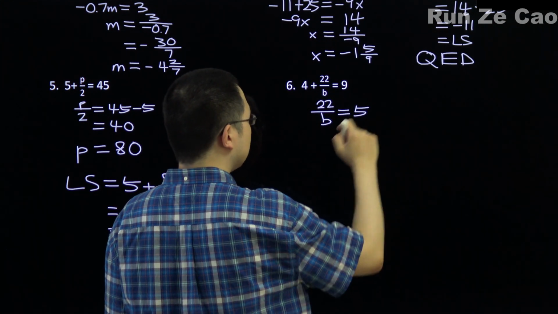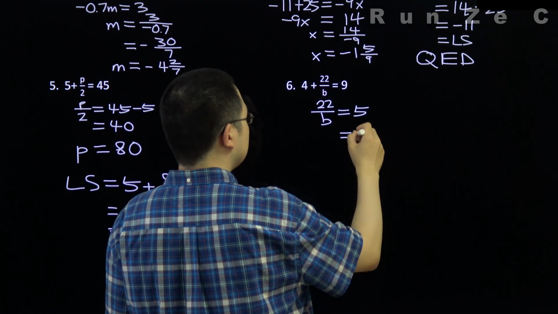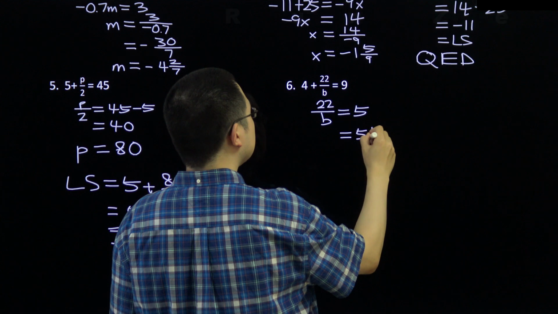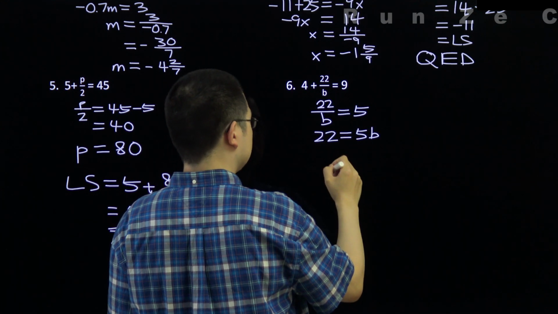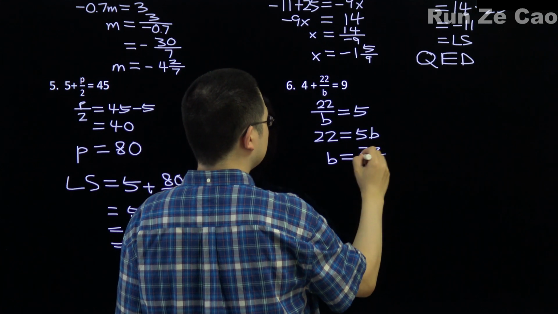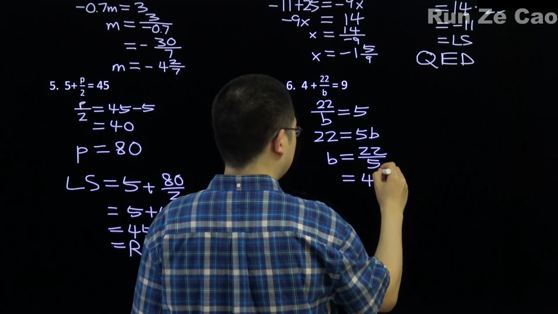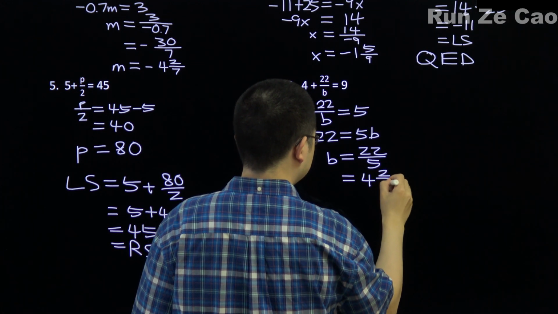And then you can multiply the b over. So 5b is equal to 22. b is therefore equal to 22 over 5, or 4 and 2/5.